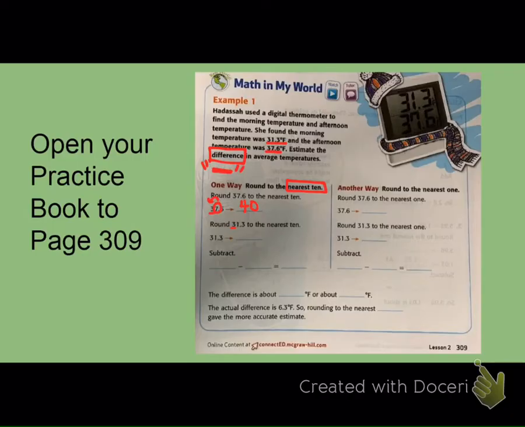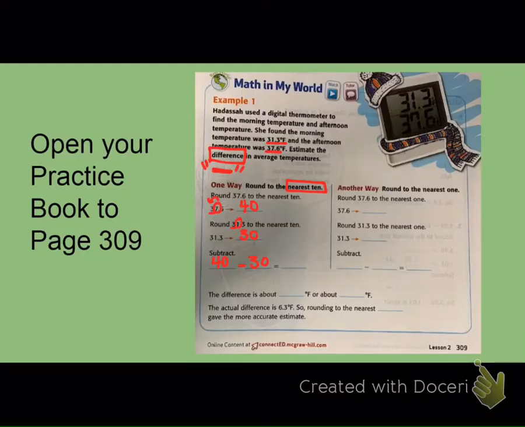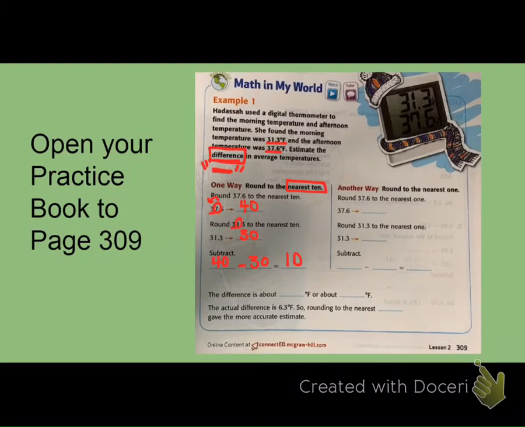The 1 is going to keep it the same, so it gets rounded to 30. So when we write those down, our estimated values, 40 minus 30. Why are we subtracting? Because we're finding a difference. So 40 minus 30 is obviously 10. Now they want us to round it to the nearest 1. Is it going to be different, you think?